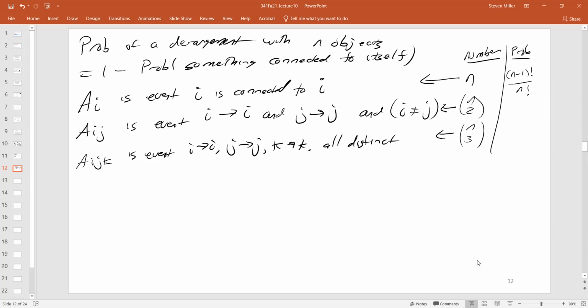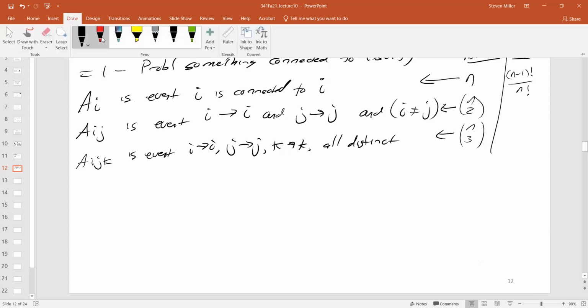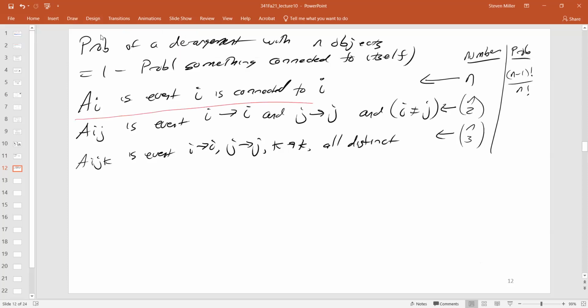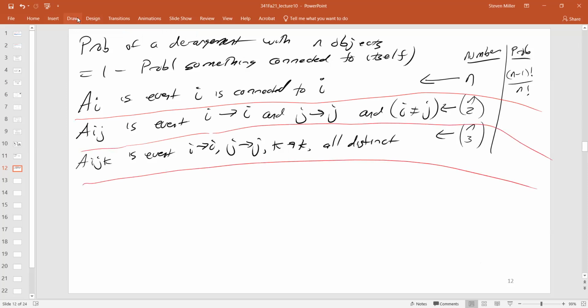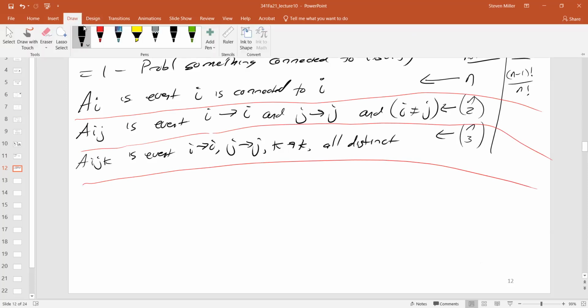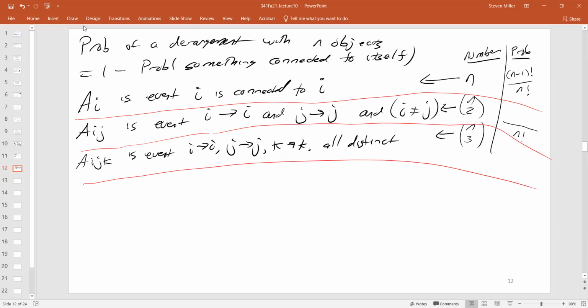So what's the probability of AIJ? The denominator should still be an n factorial.